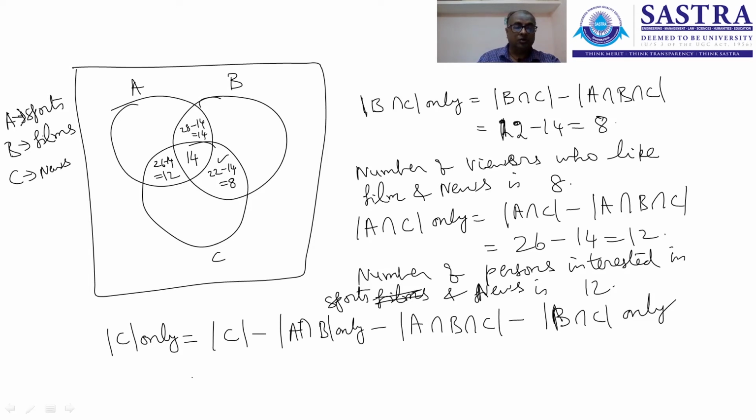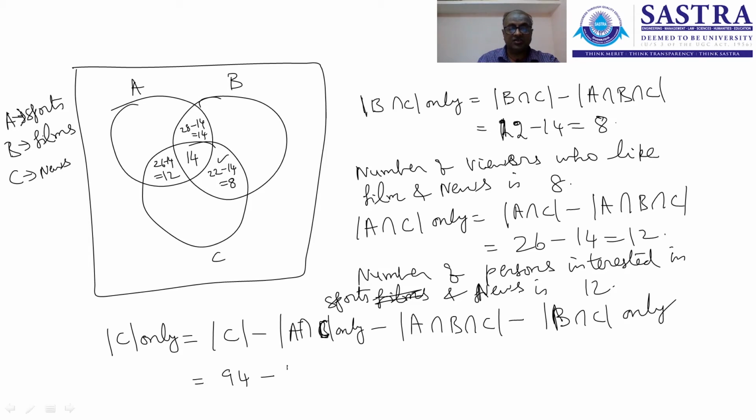Okay, so now here it is given that the cardinality of C turns out to be 94 minus, I have calculated A intersection C, sorry, not B here. What is A intersection C?